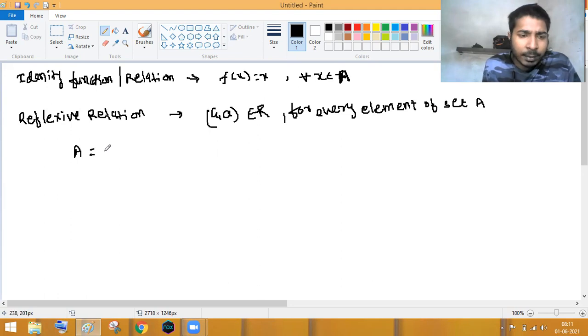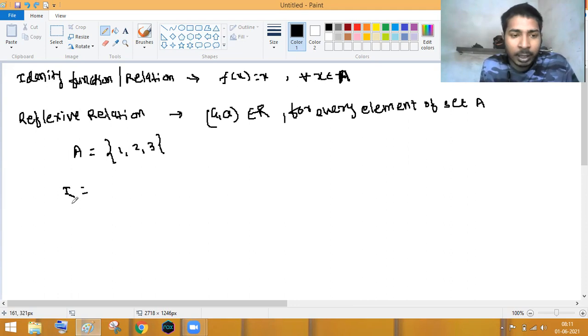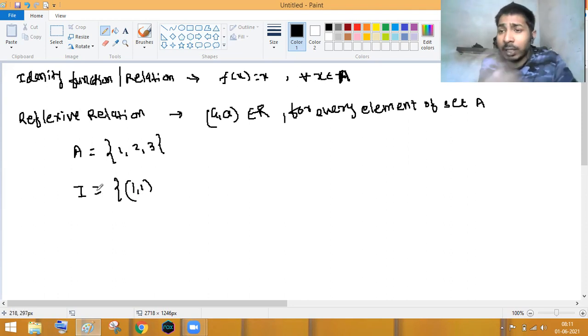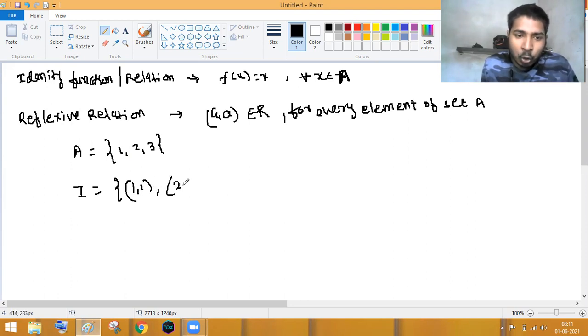Suppose set A is defined like this: 1, 2, 3. Now, if I have to define the identity function, that is represented by either Ix or Iy. Okay, doesn't matter, that will be represented with the help of I only. So that will be (1,1), because if you put in the place of x a 1, then f of 1 equals 1. ये 1 है x, तो ये f of 1 है, that is also equal to 1. फिर आएगा आपका (2,2).